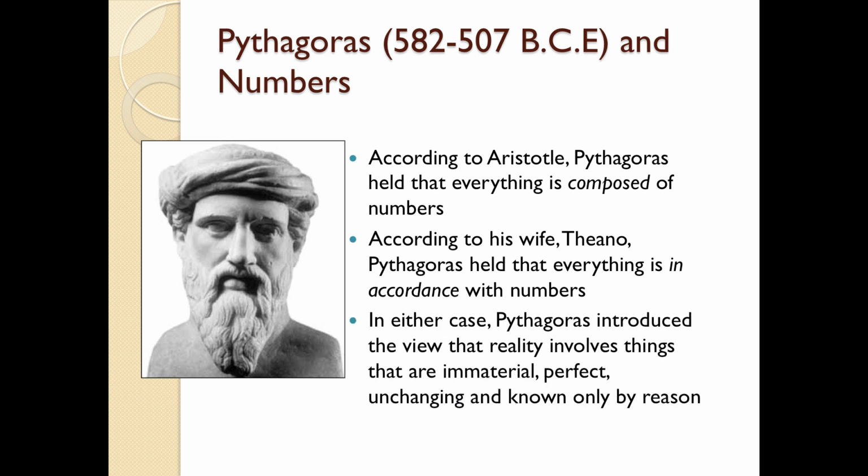So without trying to resolve the differences in these two different arguments, it's clear that Pythagoras introduced the view that reality involves things that are immaterial, perfect, unchanging, and known only by reason. So you might notice that Pythagoras is tapping into the rationality and logic and universality of the language of mathematics.